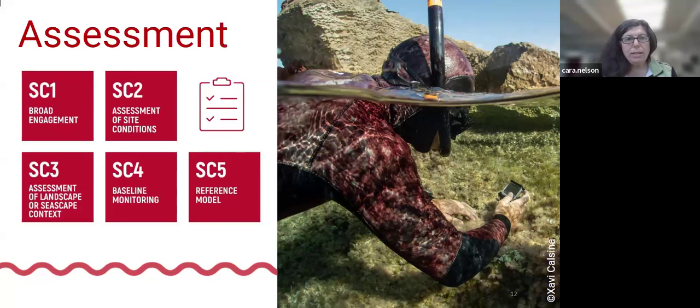This ties to the important principle that ecosystems do not occur in isolation. So activities have to be planned in the context of the broader landscape. They need to include the socio-ecological system of the broader landscape. They need to be monitored in that landscape context. And also in assessment is the baseline monitoring and the development of the reference model. Next slide.